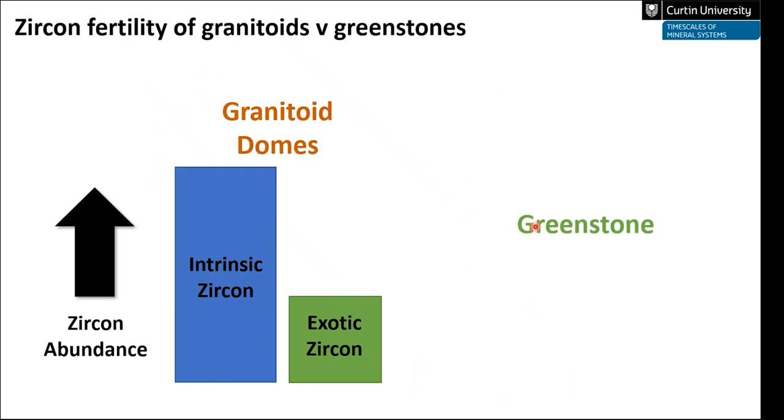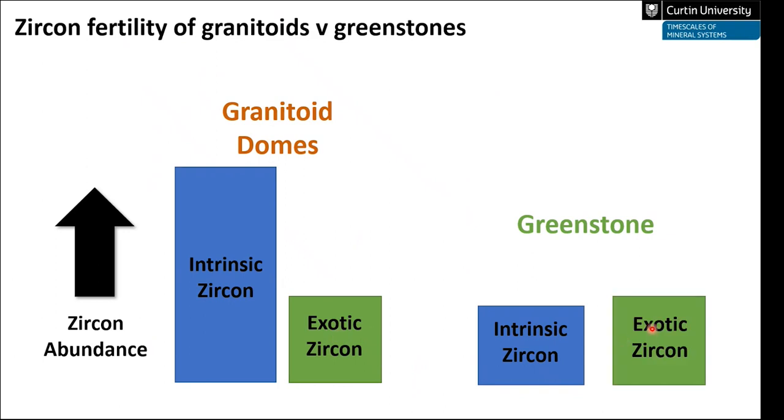When we move to the greenstones, they are going to have a lower intrinsic zircon load, being more mafic generally in composition. And with the same exotic zircon cargo, they're going to be far better records of non-Pilbara far-traveled zircon. The exotic zircon isn't going to experience as much dilution as in the granitoid domes.